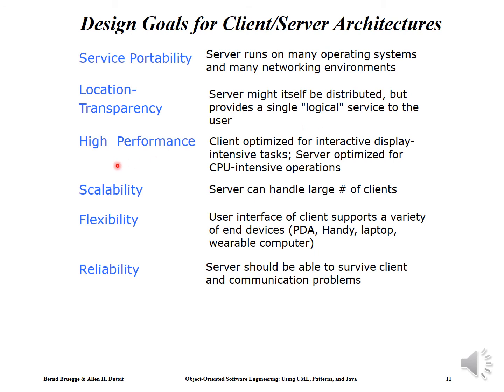High performance: client optimized for interactive display-intensive tasks, server optimized for CPU-intensive operations. Scalability: the server can handle a large number of clients, as the clients in client server architecture can be thousands.